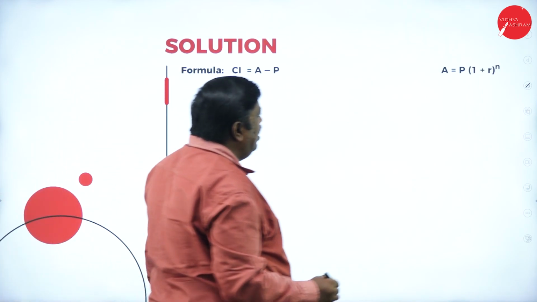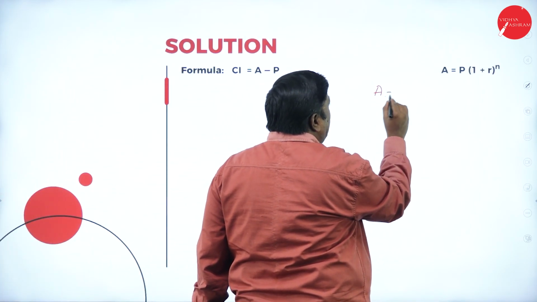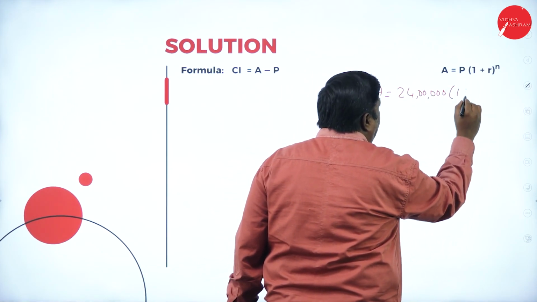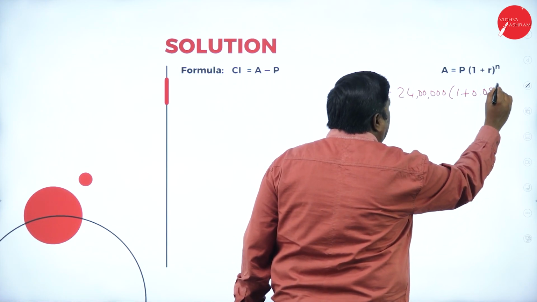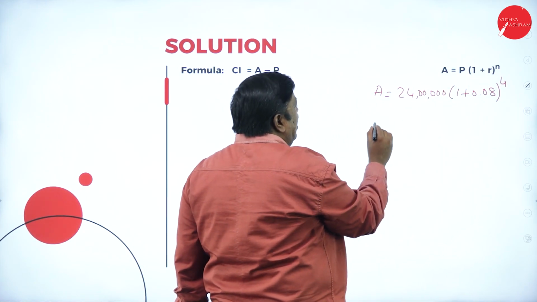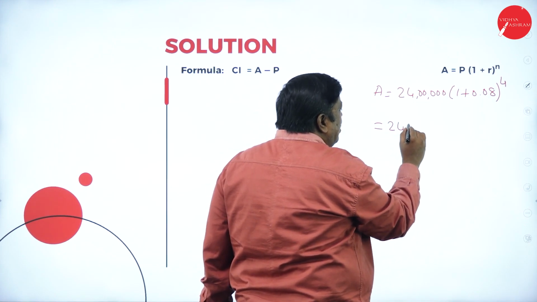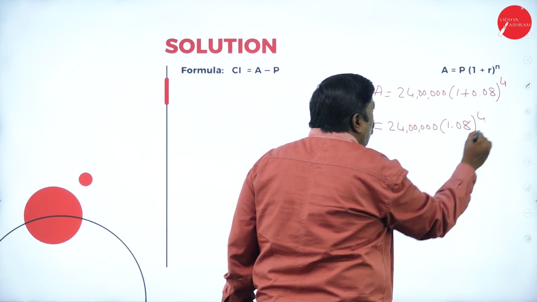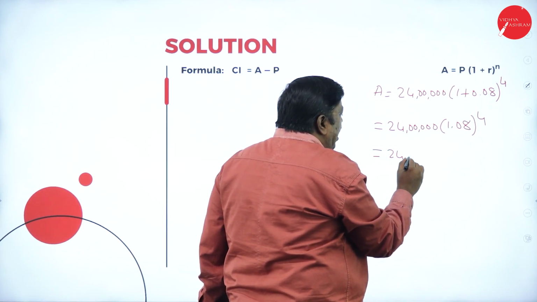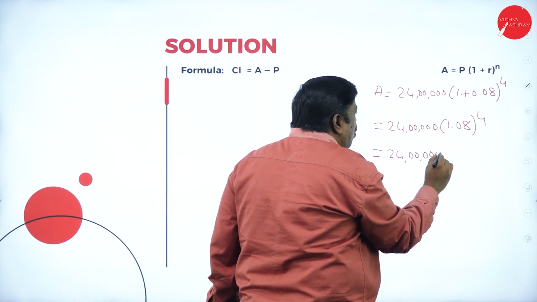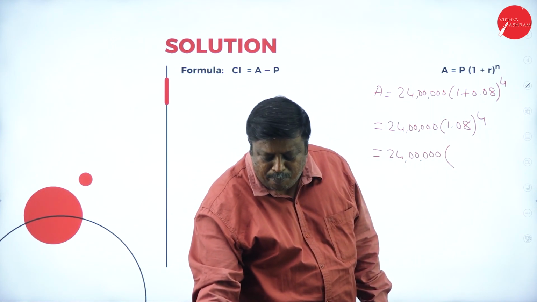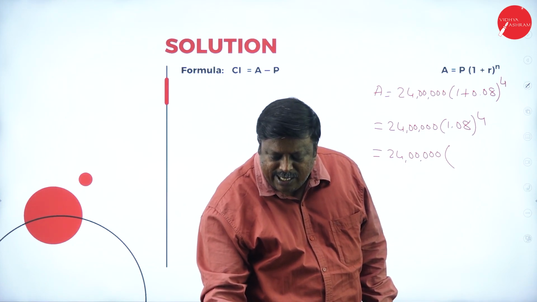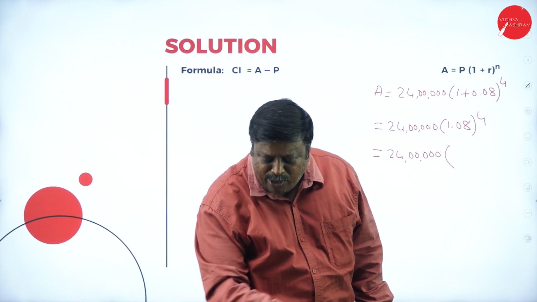0.08. So now annuity equals 24 lakhs into 1 plus 0.08 to the power of 4 years. 24 lakhs into 1.08 to the power of 4. We have to multiply 1.08 four times: 1.08 into 1.08 into 1.08 into 1.08.